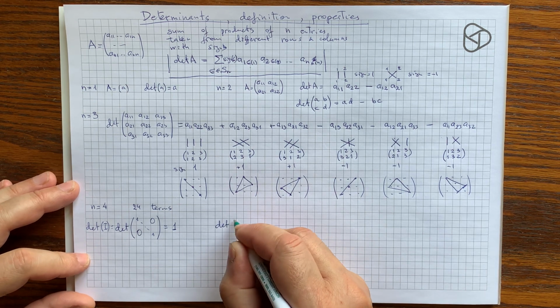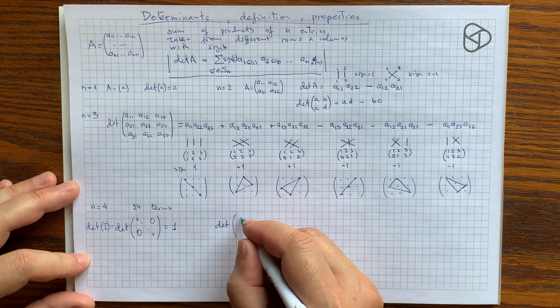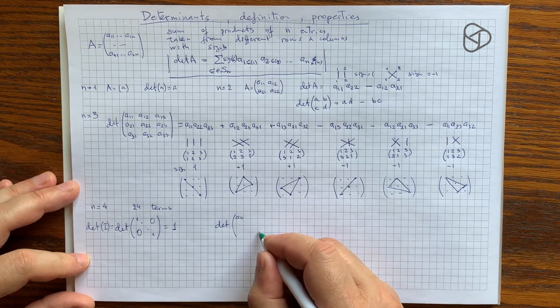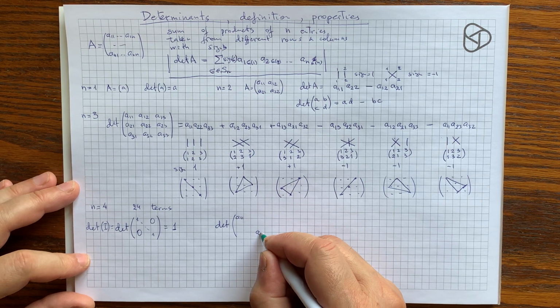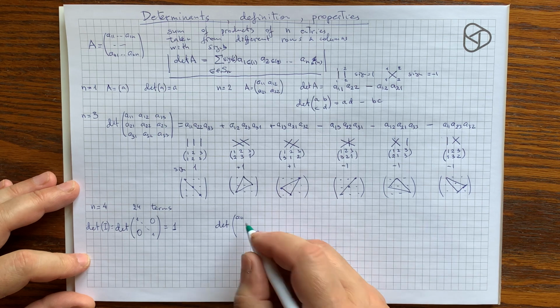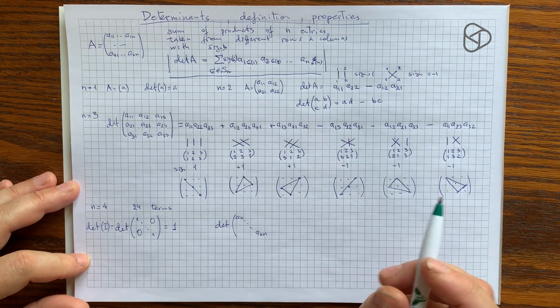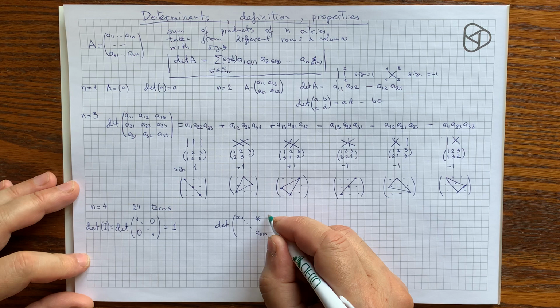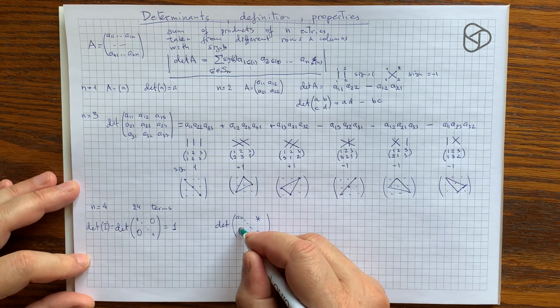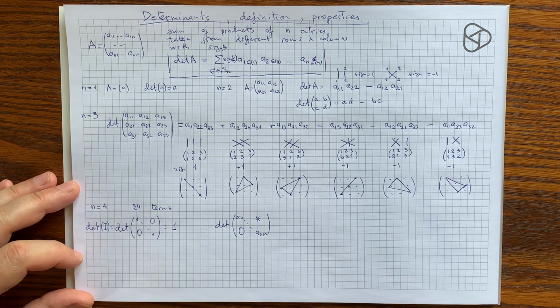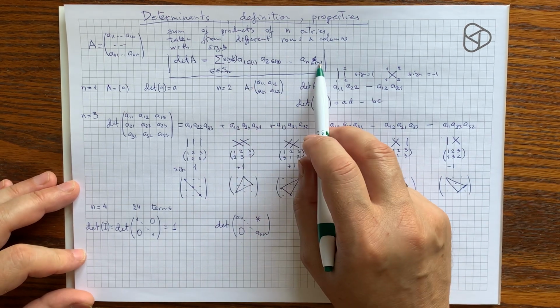That can be generalized to more interesting matrices. So imagine arbitrary entries on the diagonal and above, and just zeros below. In this case, the determinant will still be just the product of diagonal entries.